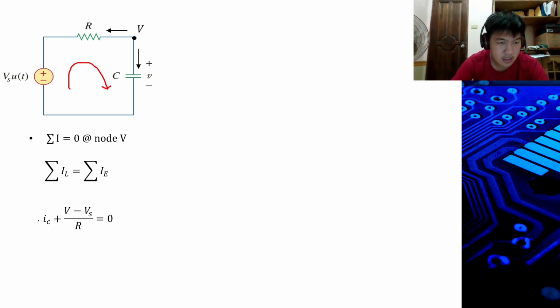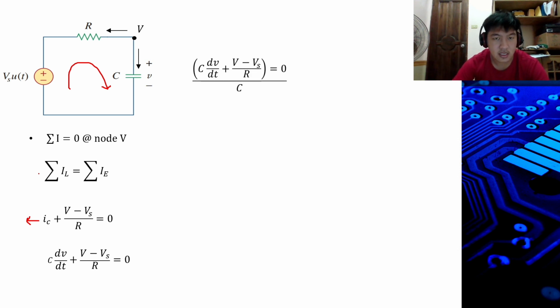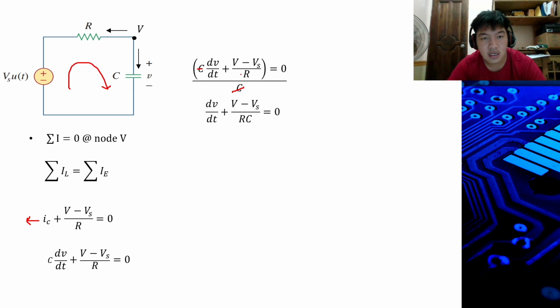If we evaluate the current in the capacitor, it is C dV over dt plus V minus Vs over R is equal to 0. Dividing by C, we get dV over dt plus V minus Vs over RC is equal to 0.